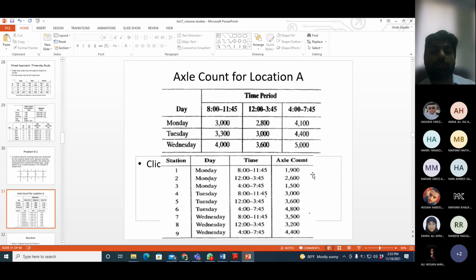So the survey team decided that they are going to spend 3 hours 45 minutes on each location. The total time period for which the data is required on each day is 12 hours, from 8 a.m. to 8 p.m. If they spend 3 hours 45 minutes on each location, then in one day they can cover 3 locations: 3 hours 45 minutes plus 3 hours 45 minutes plus 3 hours 45 minutes.